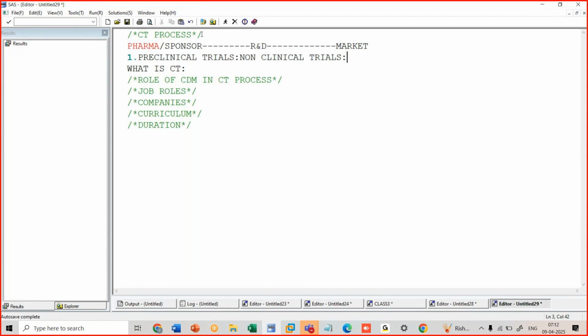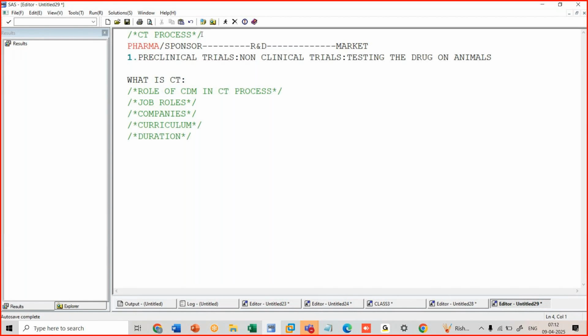So animal trials are called preclinical, also called non-clinical. Preclinical, non-clinical is nothing but testing the drug on animals. Animals like guinea pig, rat, mice, monkeys. So they will test the drug here in the labs.